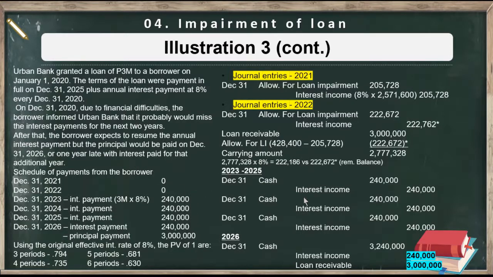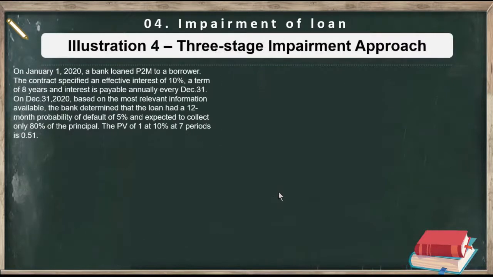Next, we have illustration 4. That is for the 3-stage impairment approach. So this is found on page 204 in your book. So we have on January 1, 2020, a bank loaned 2 million to a borrower.